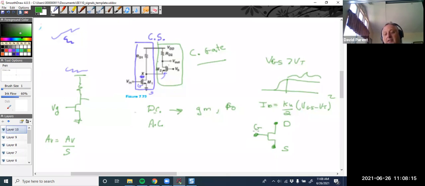But really, the gate is really just like a channel control device, and you're controlling current between the drain and the source, right? And it's clearly nonlinear here in terms of VGS.